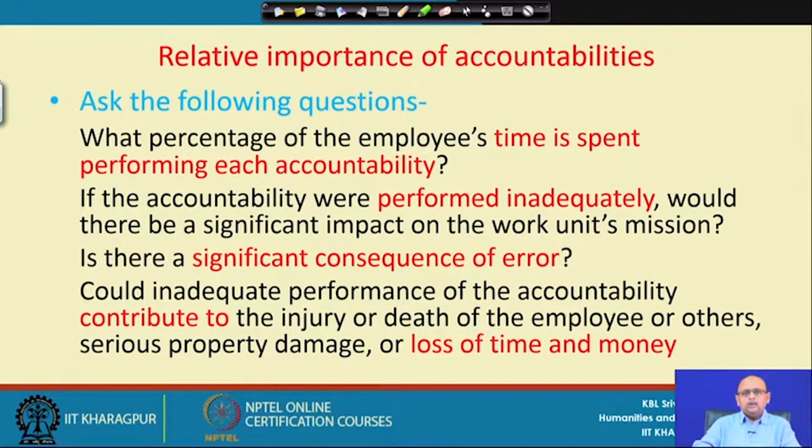So, ensure that you are focusing on your key accountability areas, and moreover make sure that you go for relative priorities, see which one is more important, which contributes more. So, spend more time, make sure that you are doing your job effectively, and making fewer errors, because otherwise it is not cost effective, right. So, these are the issues related to accountabilities.